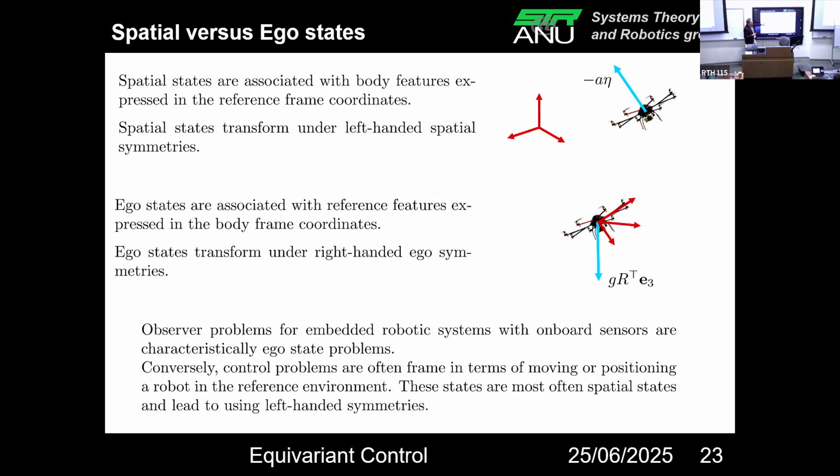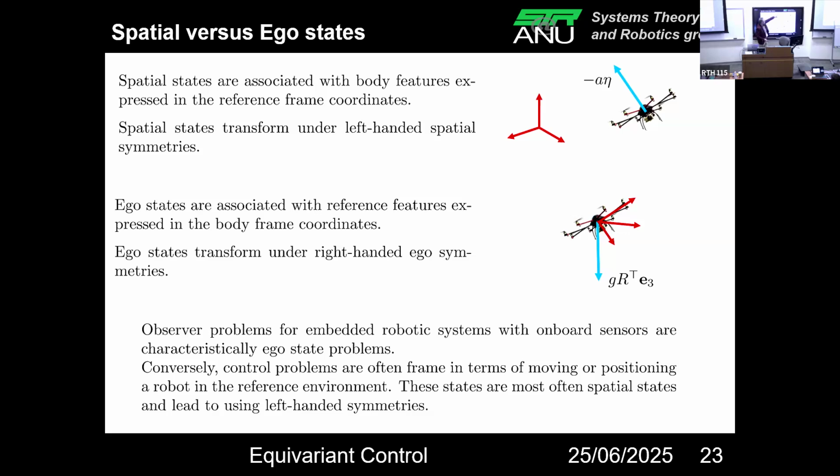Most observers aren't like that, okay? The classic attitude observer measures a gravitational direction or a magnetometer or something like that in the body frame and is studying it in the body frame, right? So in that case, you're actually writing the coordinates of the gravity direction in the body frame, right?